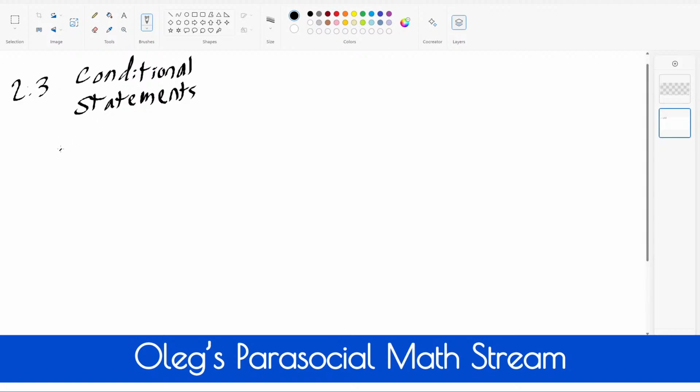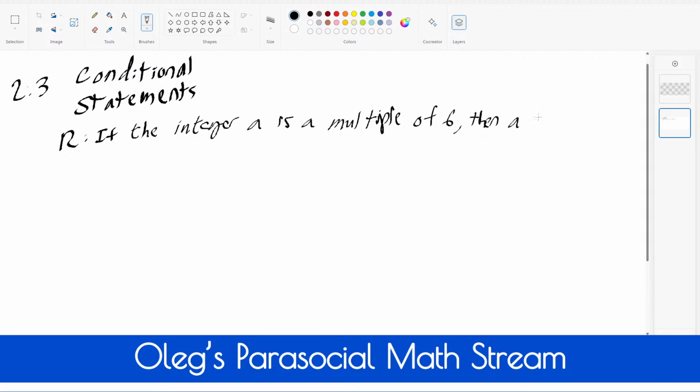So first one is gonna be R: If the integer a is a multiple of 6, then a is divisible by 2.